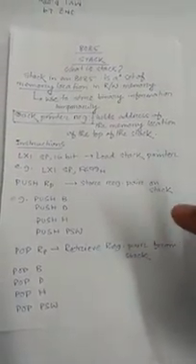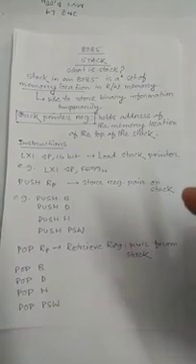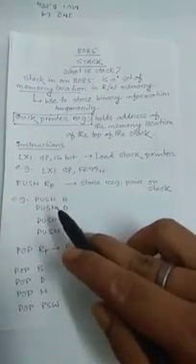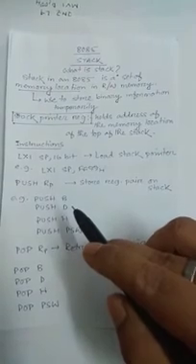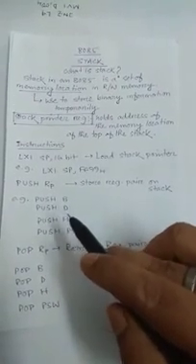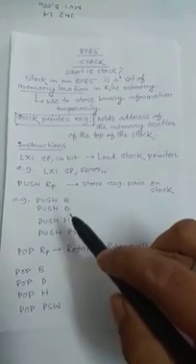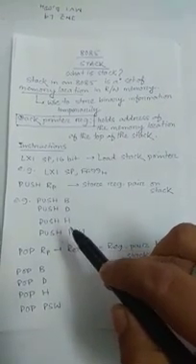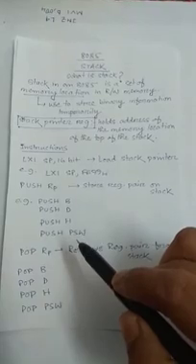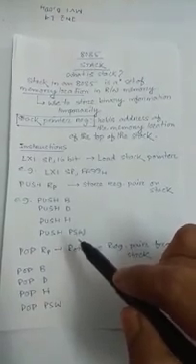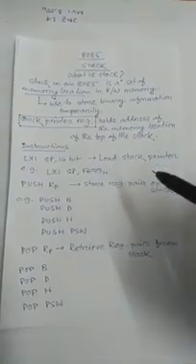Suppose PUSH B. At first the content of register B is stored into the stack, then the content of C is stored into the stack. Similarly, the operand B means BC, D means DE, and H means the HL pair respectively, and PSW is the content of the accumulator plus the content of the flag register.